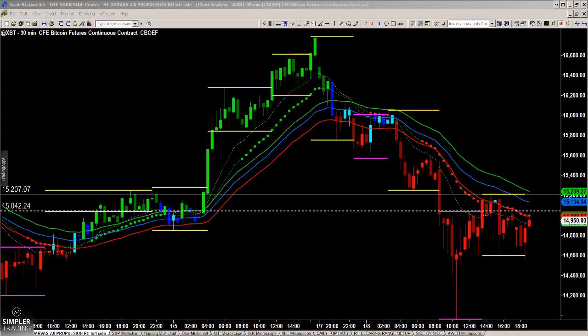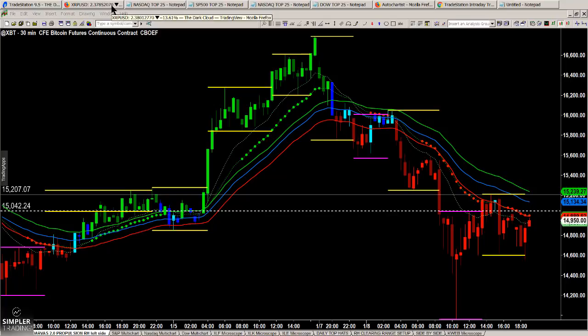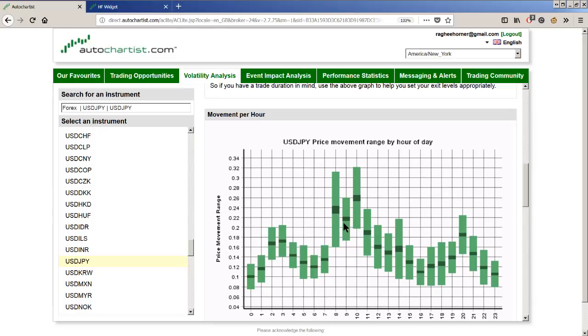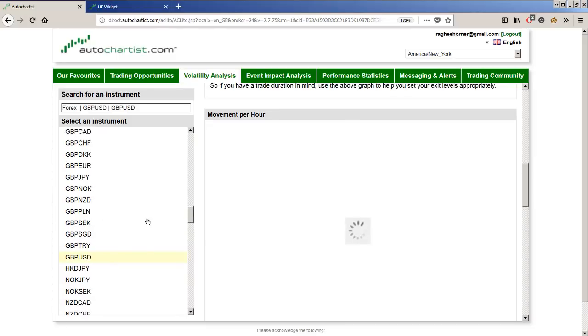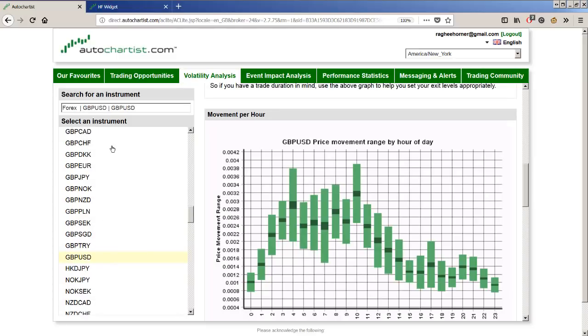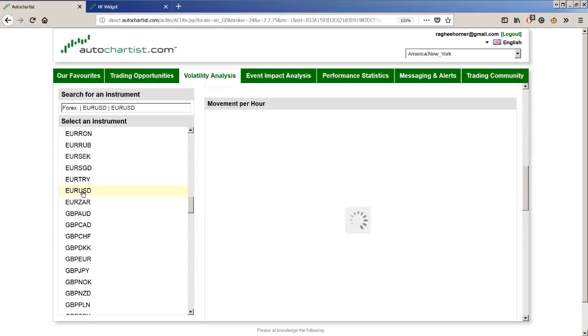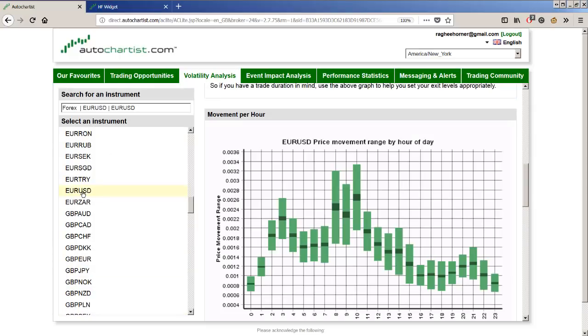And oftentimes there are very interesting moves in the Asian session for Bitcoin. One of the things we talked about is how it's really important for what I call crypto Forex traders to understand the rhythm of the trading day, specifically from the standpoint of the yen, dollar yen, pound versus US, as well as the euro versus US. Because if you're on the XBT futures, you're trading Bitcoin versus US.